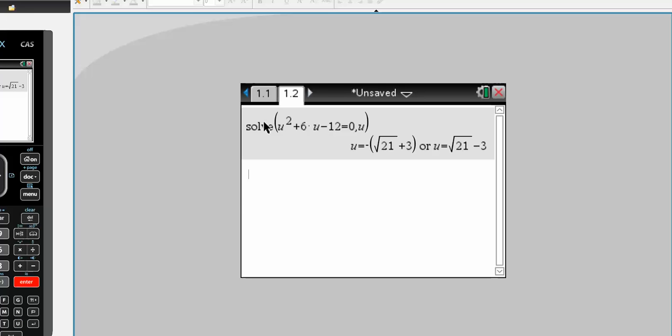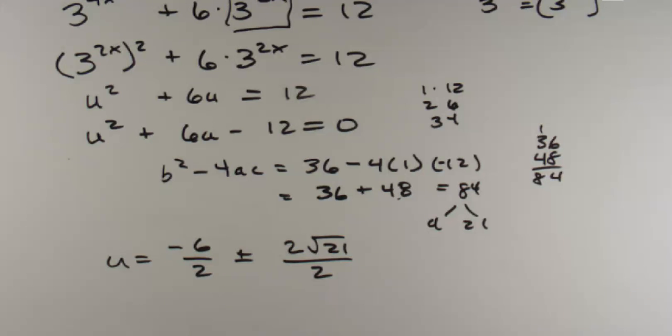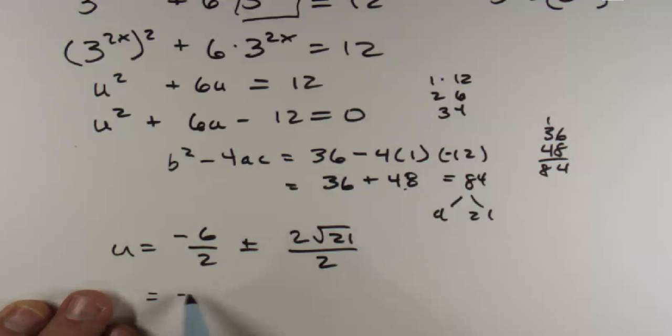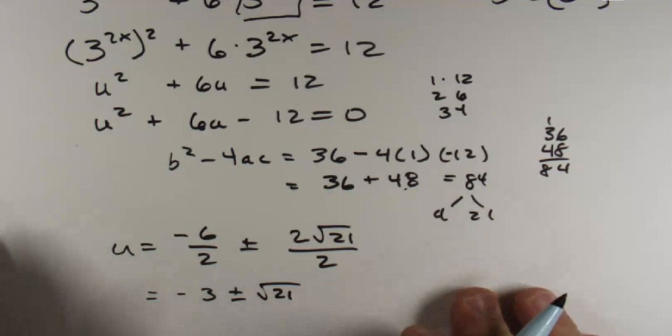They got a couple radicals, so hold on one second. We're going to go through this one step at a time. I think you're going to see that we have the same answer, which is minus 3 plus or minus root 21, which is the same answer the Inspire had.